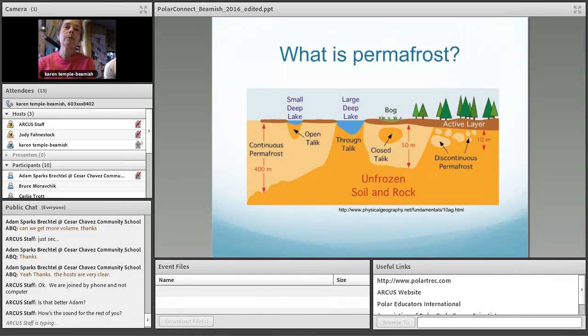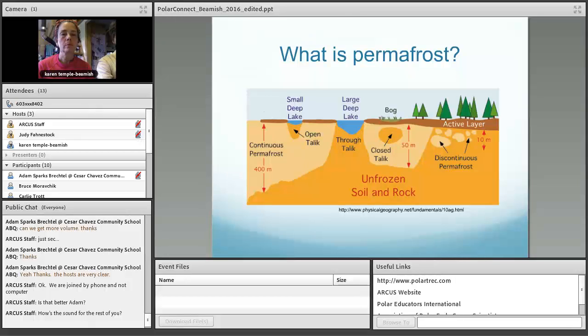So what is permafrost? I'm going to have Marguerite explain this to you. Yeah, this figure shows a few different features of permafrost, and mainly I want to point out the region marked as continuous permafrost and discontinuous permafrost, and then the layer called the active layer.